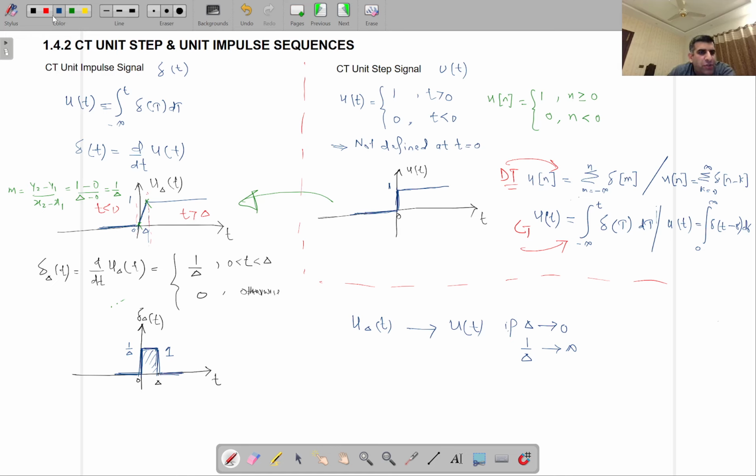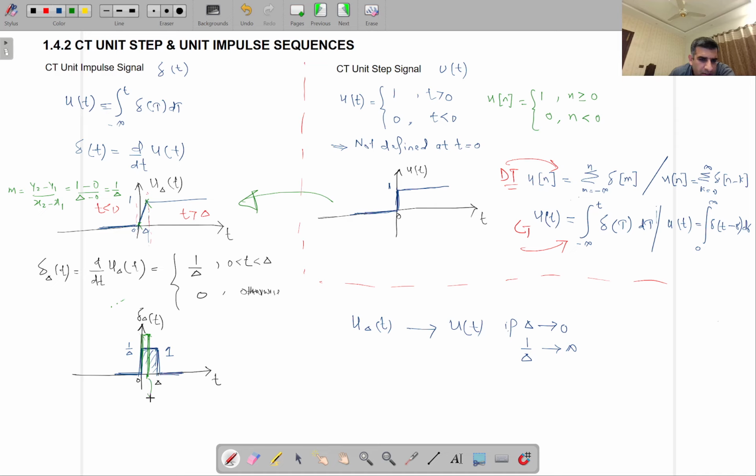Even if we reduce the delta, as delta approaches 0, what is going to happen? If we take this as a new delta now, as we reduce the delta, 1 upon delta is going to get higher and higher. So the next signal which we are going to get is going to be something like this.